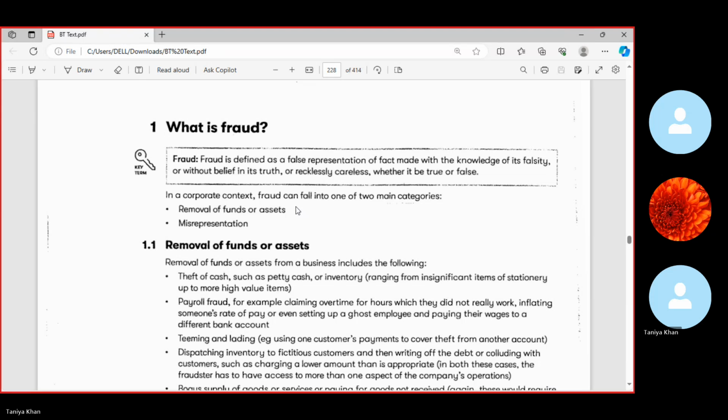Removal of funds or assets from a business includes the following. First is theft of cash, such as petty cash or inventory. To some extent every organization keeps some loose cash so that they can pay off the petty expenses incurred by the company.